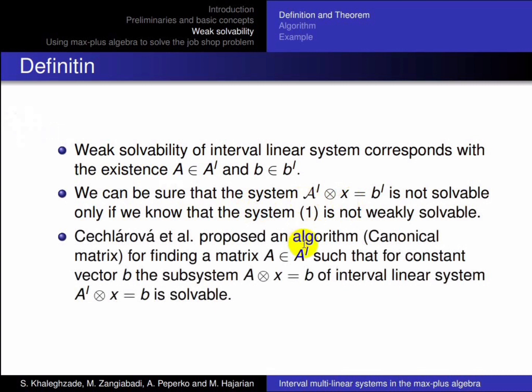Keshlarova and others proposed an algorithm for finding a matrix such that for a constant vector b, the subsystem of the interval linear system is solvable.